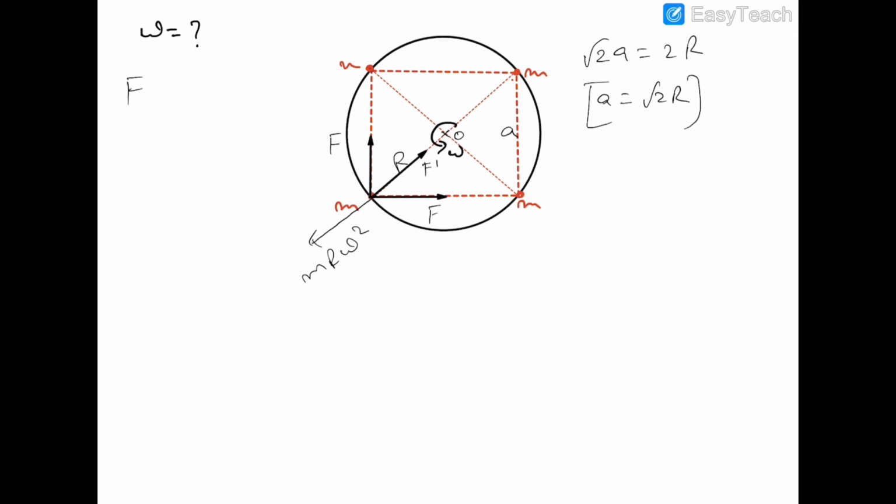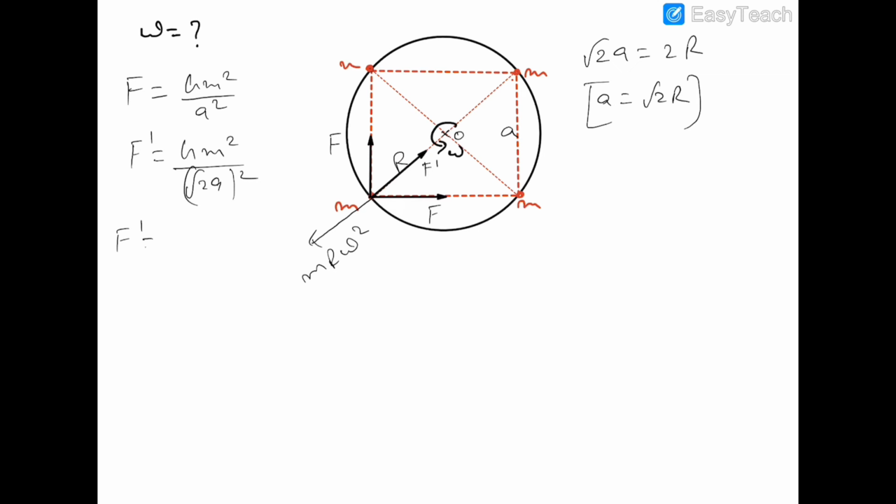Now the value of force which is applied by this mass on this mass is G m square upon A square, because the distance between them is A and the masses are equal. Now the value of F dash will be G m square by root 2 A whole square.